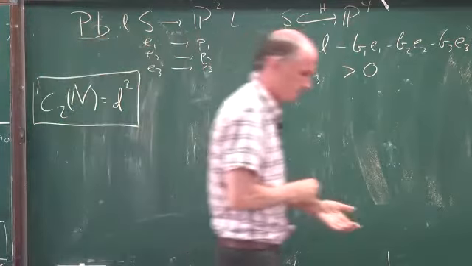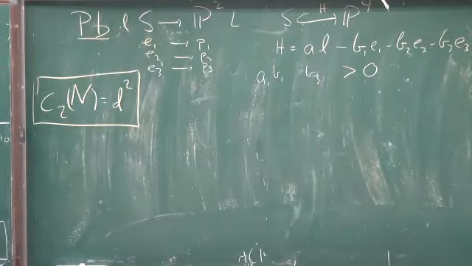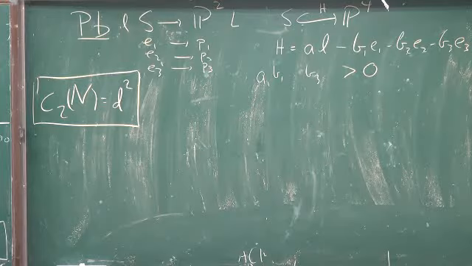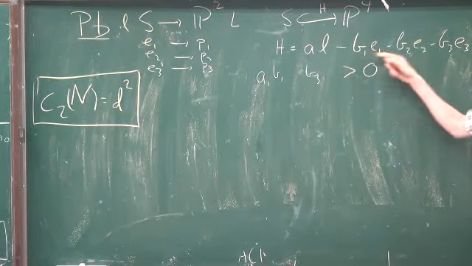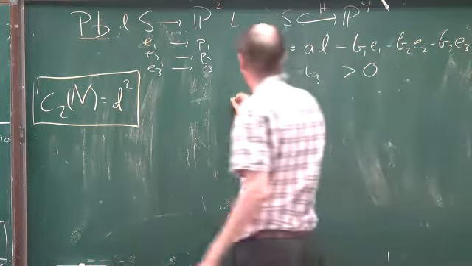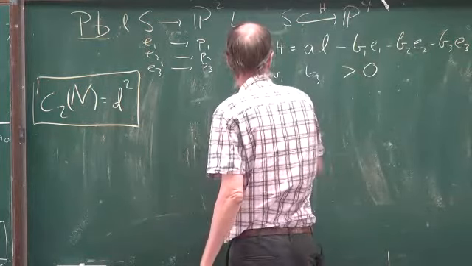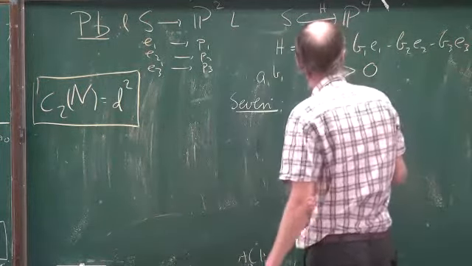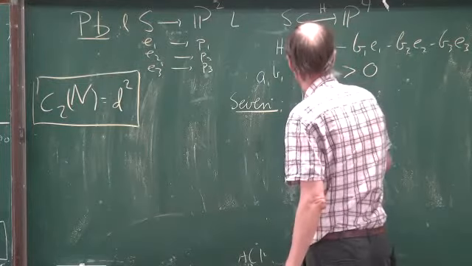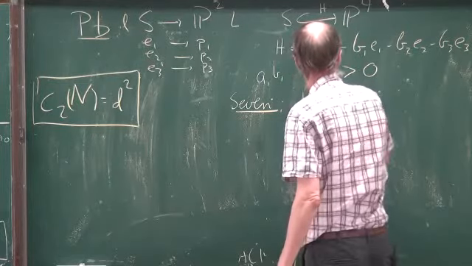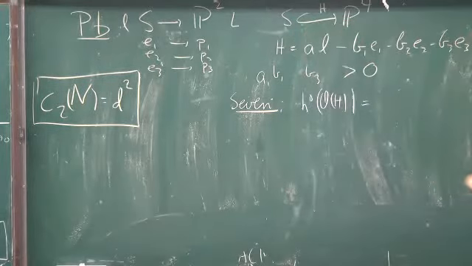There's a Severi theorem: the number of sections should be exactly 5, because we know this could not be the Veronese surface. So H^0 of H, how do we compute that?